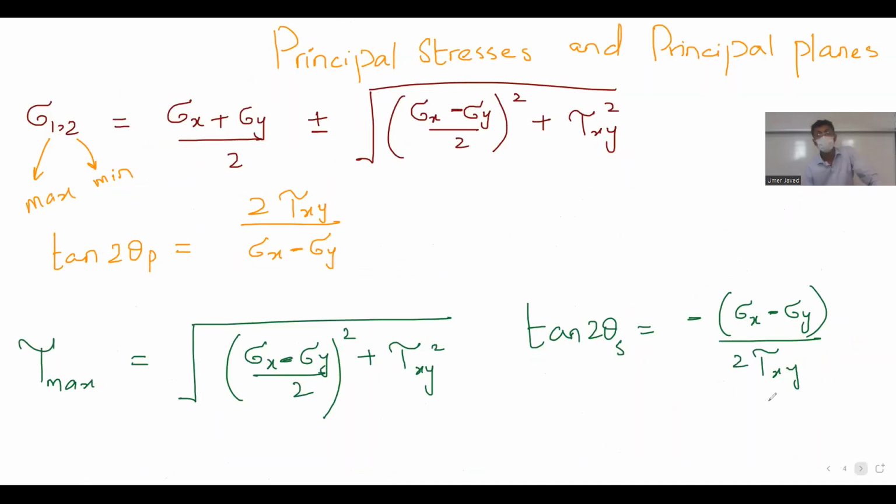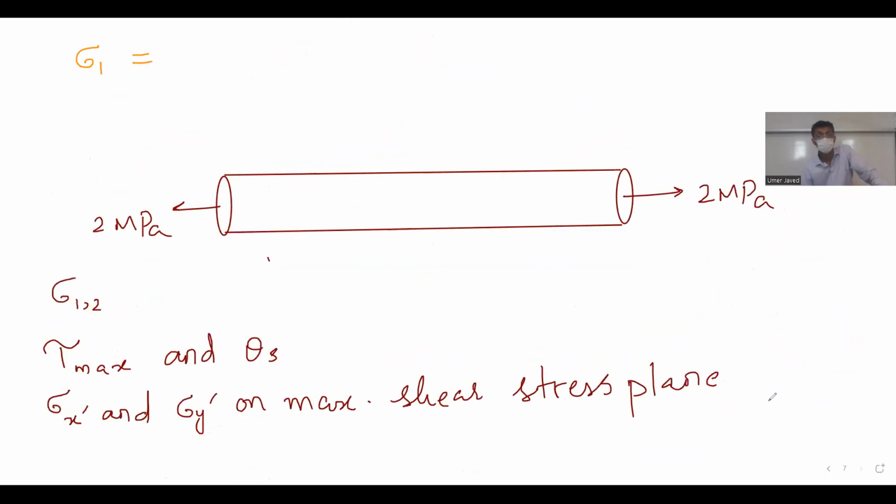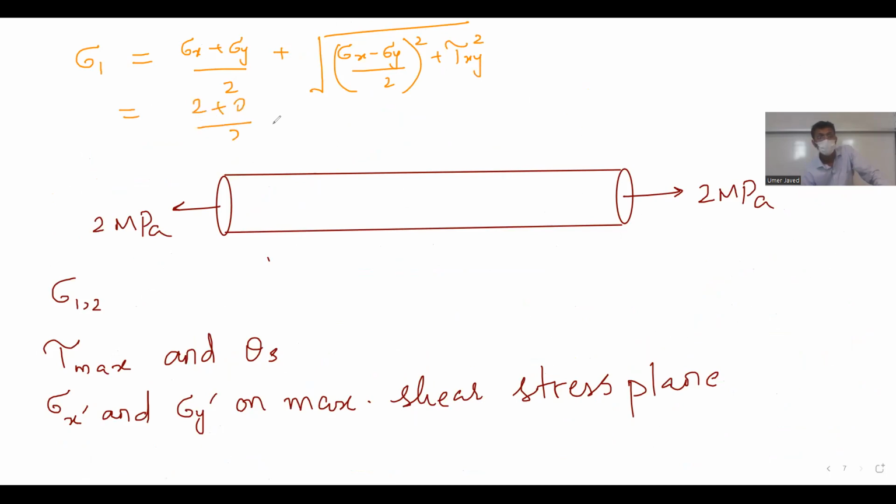Stress 1, 2 equals (stress X plus stress Y) over 2 plus minus square root of ((stress X minus stress Y) over 2) squared plus tau XY squared, which is equal to (2 plus 0) over 2 plus (2 minus 0) over 2 plus 0 squared. So what is the value? 2. What about stress 2? 0, right? With a minus here. Everyone get it? So stress 1 and stress 2 like this.